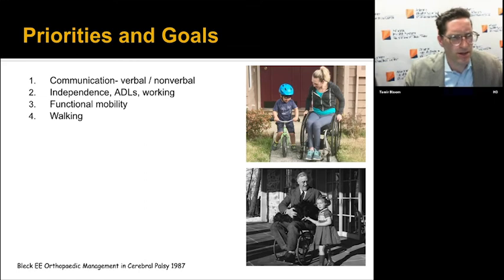There are other priorities that are much more important, including communication, independence, ADLs, and having a job. These tend to be much more important than either functional mobility or walking ability. And I would argue that two of the most important jobs in the world, that of being a parent or being the president of this country, can be done quite successfully without the ability to walk independently.